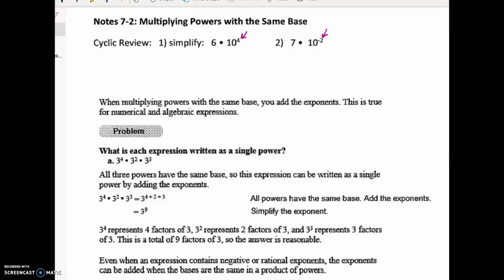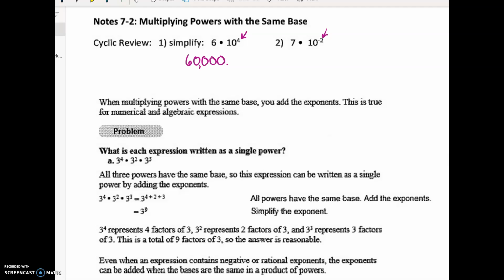So here it's telling me to move it over 4 places. So I'm going to think about if my decimal point was here, I would move it 1, 2, 3, 4 to right here. So I would be left with 60,000.